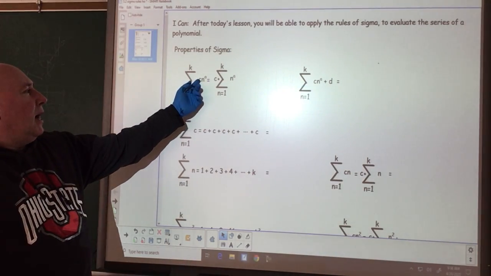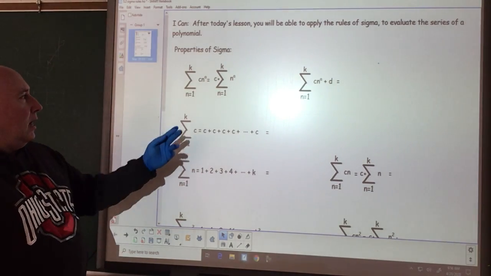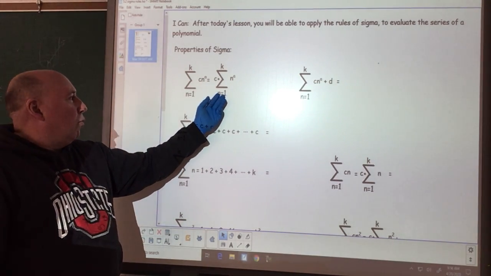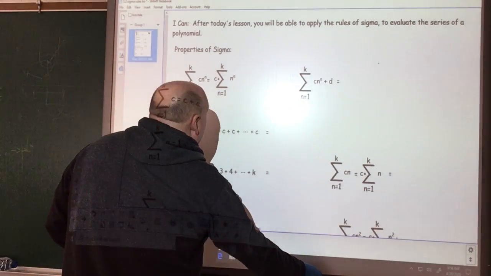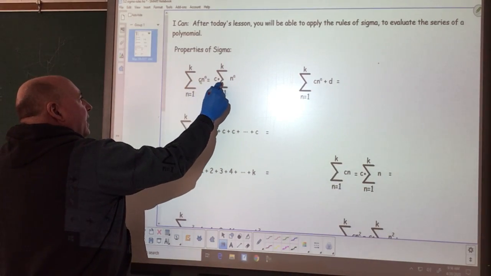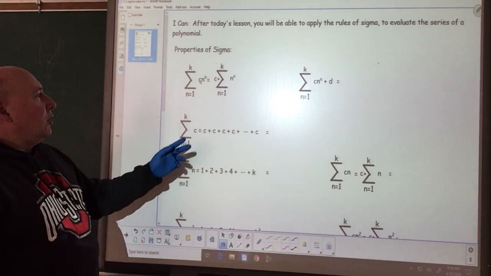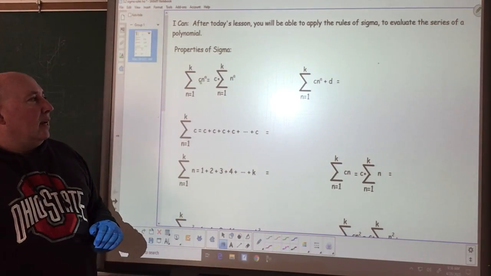If I have some constant times n to the a power, and my variable, it does not matter what my variable is, I'm able to take this constant and move it out front. So I have a constant times the sigma of n to the a.